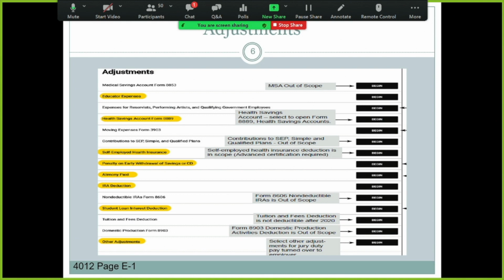Health savings account, Form 8889, self-employed health insurance, penalty on early withdrawal of savings or CD, alimony paid, IRA deduction, student loan interest, and other adjustments. And this chart can be found in the 4012, page E1.